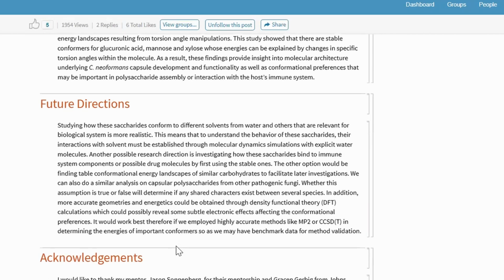I would like to thank Dr. Sonnenberg from the Wolfram chemistry team and Grayson Gerbig from Johns Hopkins School of Public Health, who introduced me to this effort in biochemistry. I would also like to thank my teaching assistant, Alexander Doe, for his support.